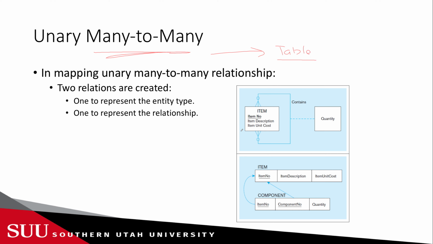So let's look at this example. We have an item that contains multiple items. So an item contains 0 or more items. So for example, if I say a mobile phone contains a screen, contains a processor, contains an antenna, contains speakers, and so on.